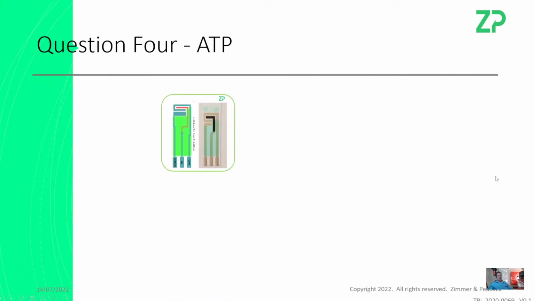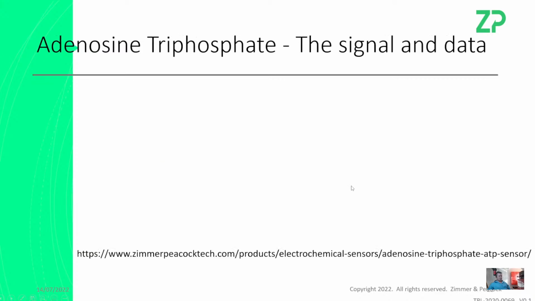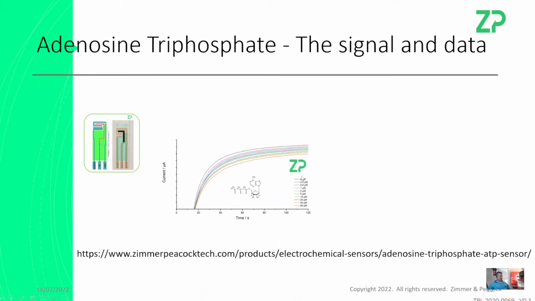We've just developed a sensor for ATP, adenosine triphosphate, which I sort of think is the energy currency for at least mammalian cells. ATP is the thing that shuttles energy around our systems, and I've just put it on the website now. This is a recent development from us, and we have the ATP sensor.